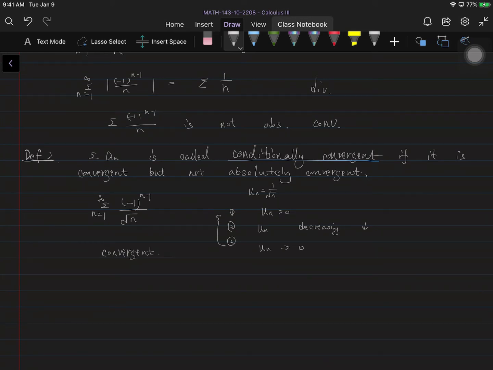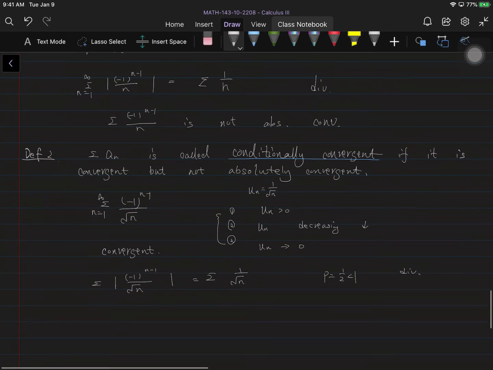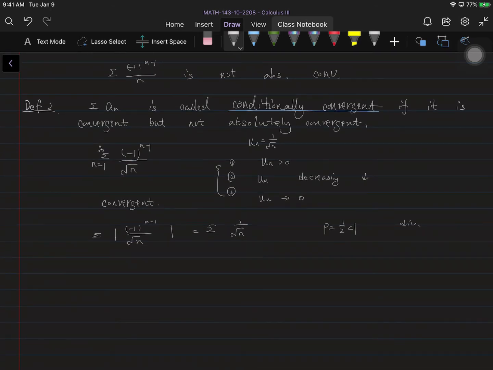But let's take a look at the absolute value of this. This becomes just 1 over root n. This is a p series with p equals 1/2. We know this diverges. So that means this series is not absolutely convergent, but it is convergent.